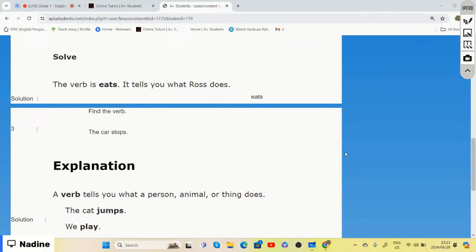And if we identify the verb, then we can say stops, because that tells us what the car is doing. Stops.